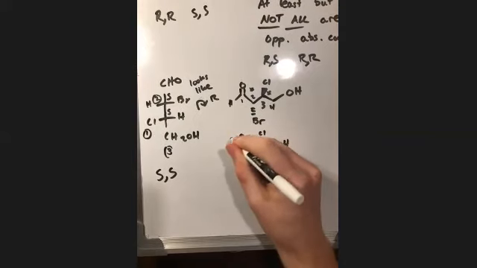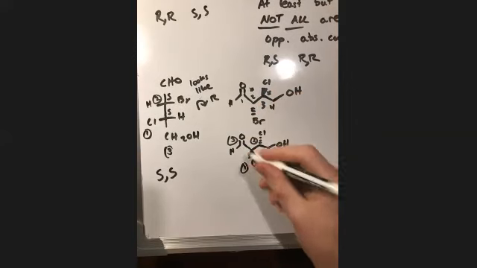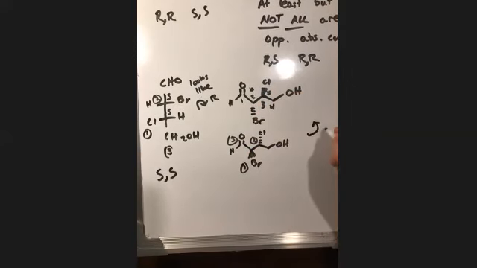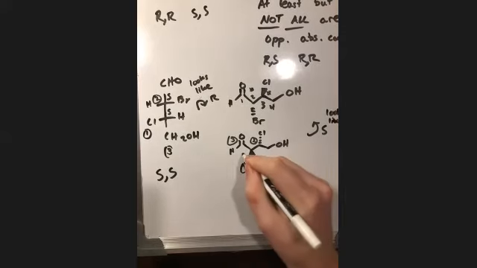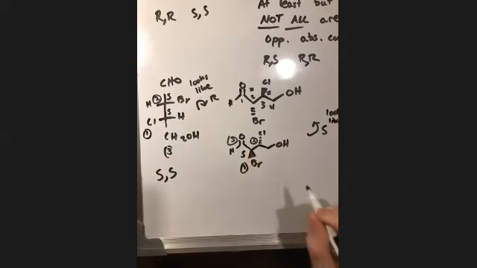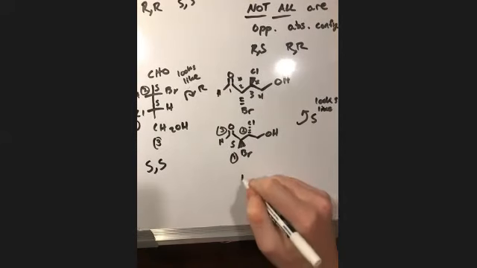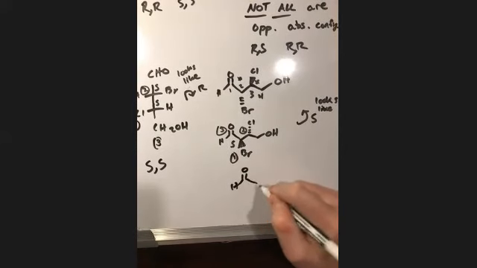And then the carbon bound to the oxygen is 3. The hydrogen is in the back, so it looks like S. This position is S. Okay, and then once more to do the other center.